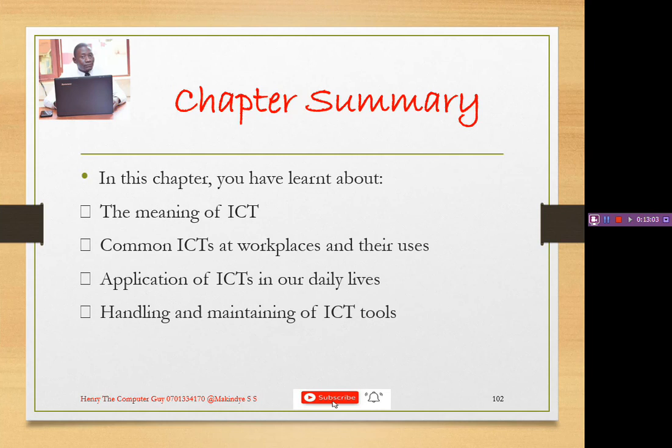We have looked at how we can handle and maintain our ICT tools. We have also looked at ICT safety precautions and security threats. Remember we said a threat can cause harm to a computer and how we can overcome them.